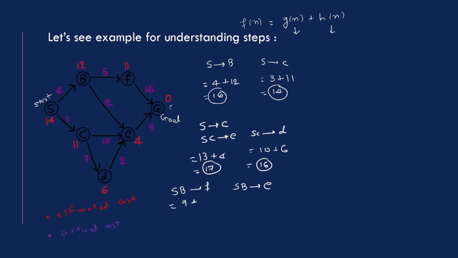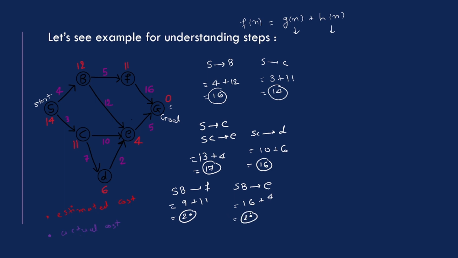And then the estimated cost of F is 11. So what you get is 20. Keep in mind. And then for SB to E: S to B is 4 actual cost, and B to E is 12 actual cost. So the actual cost will be 16. And the estimated value of E is 4, so we again get 20.